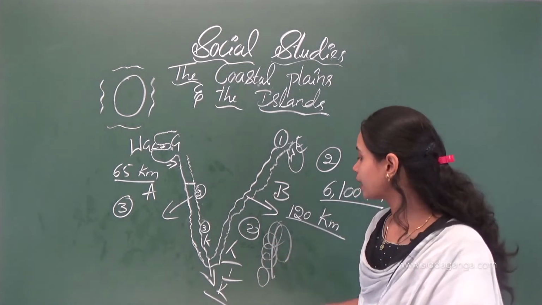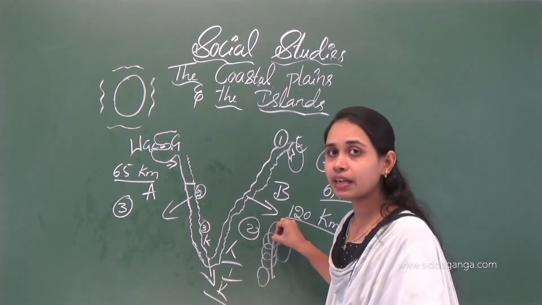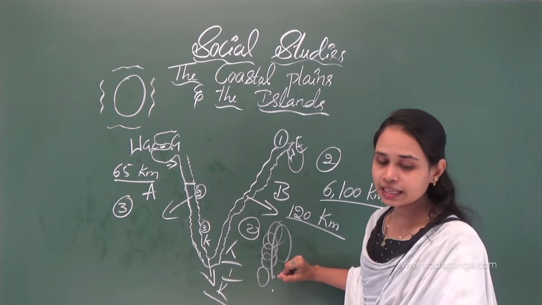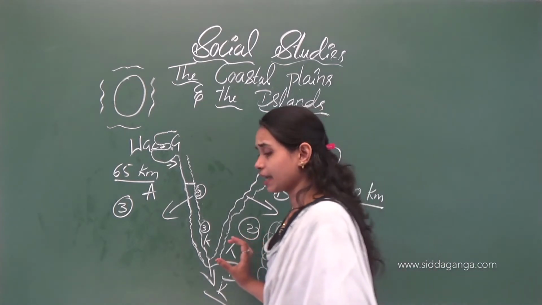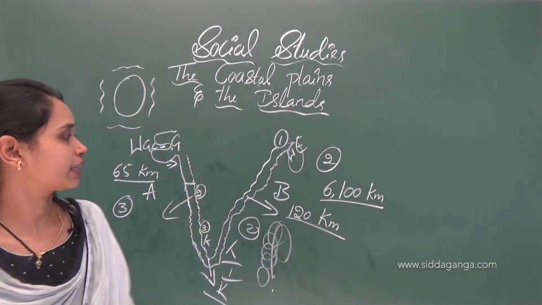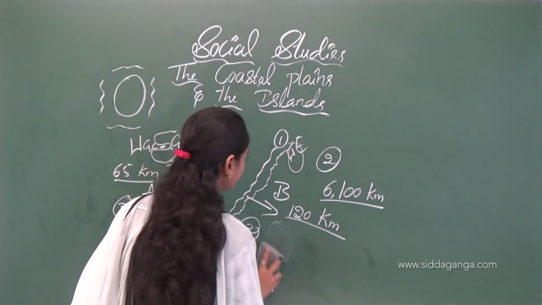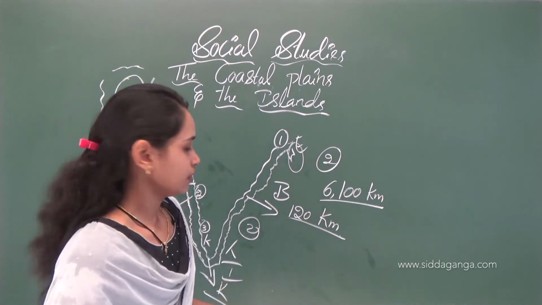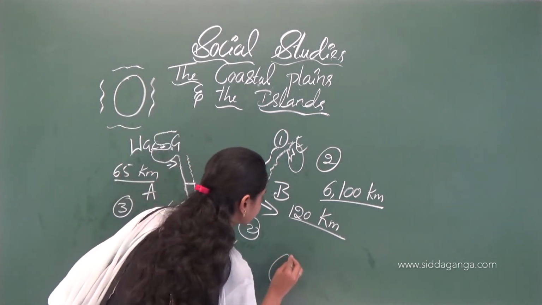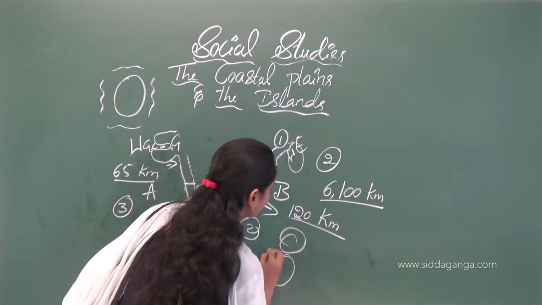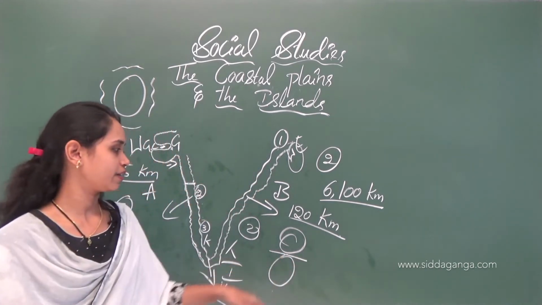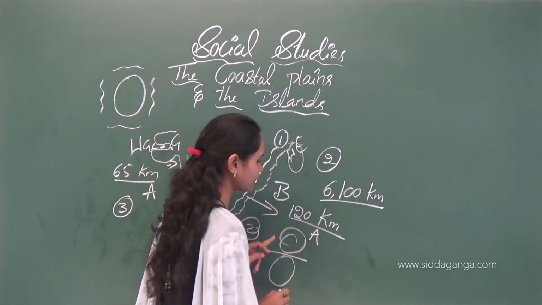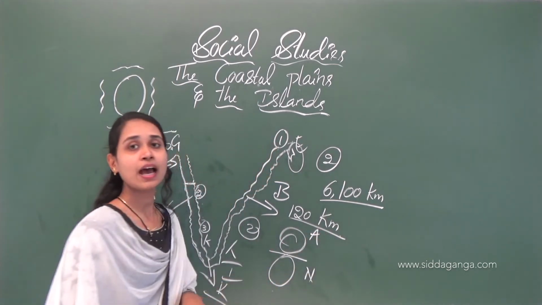Here Andaman is in the north part and Nicobar in the south part. We can see in the east part the Andaman and then Nicobar Islands. So there is a 10 degree channel here. In the north part is Andaman, and in the south part is Nicobar Island.